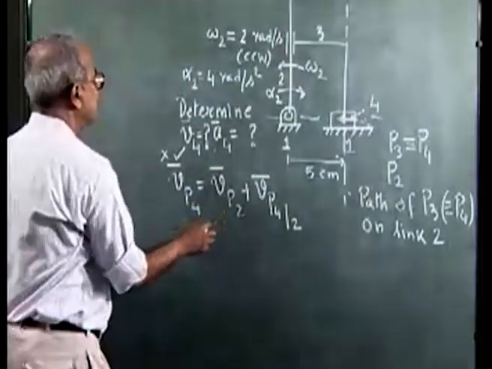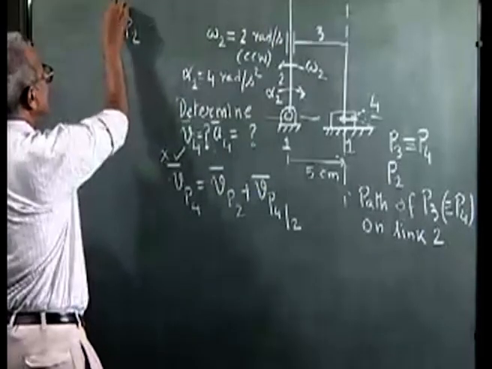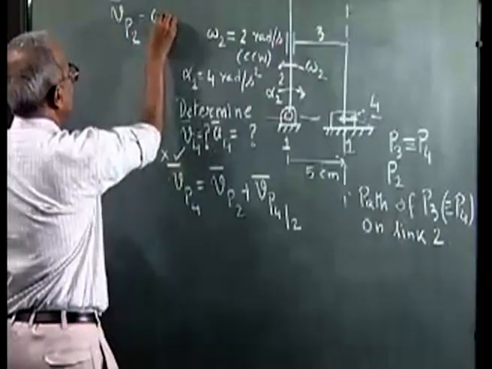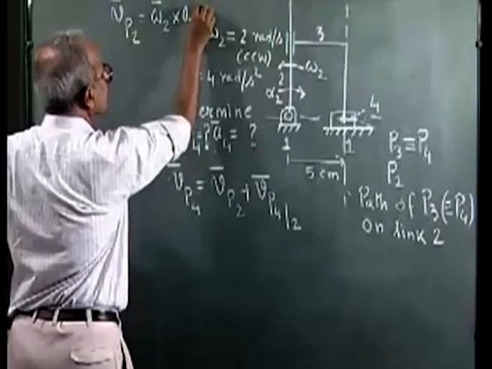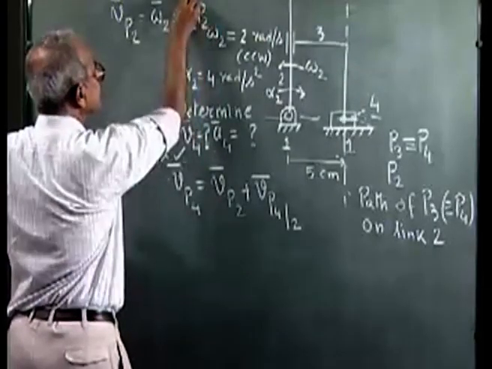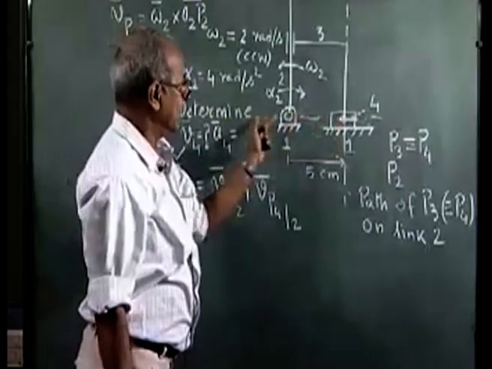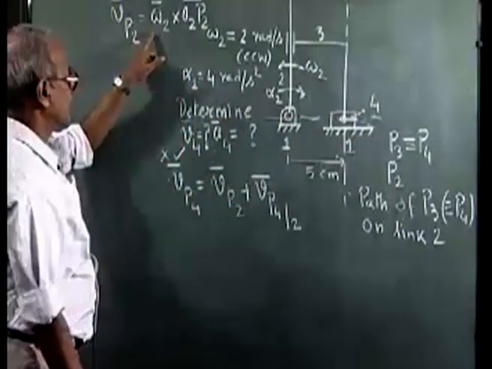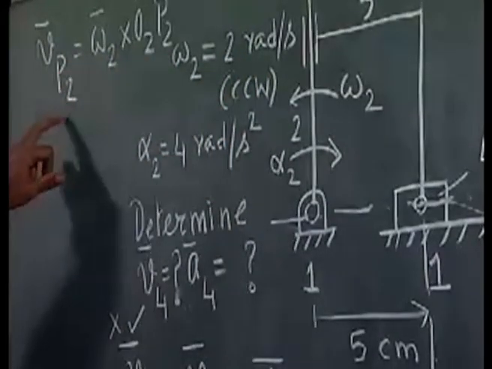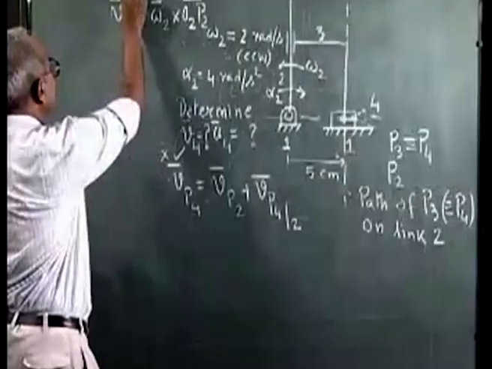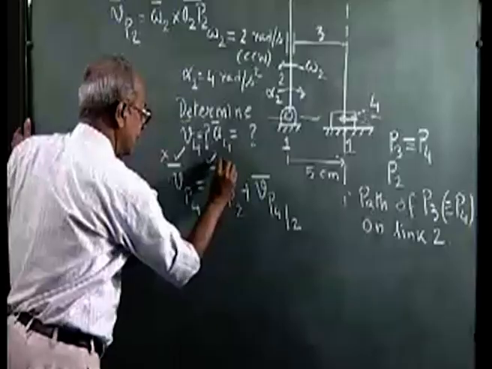Now velocity of P2 I can write, because omega 2 is given, it is omega 2 cross O2 P2. The vector O2 P2 is known, it is 5 centimeter in length and along the horizontal direction. Omega 2 is 2 radians per second in the counterclockwise direction. So the velocity of P2 is completely known. I know the magnitude and direction.